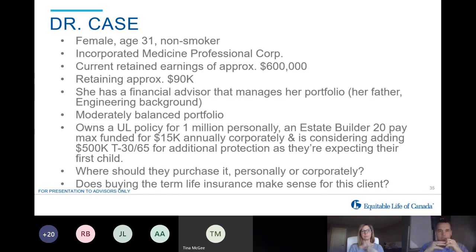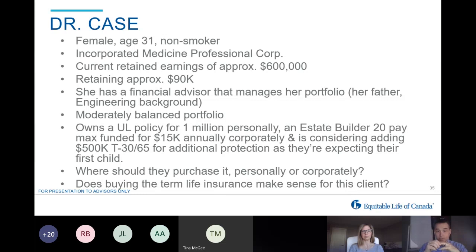She currently retained a bunch of dough. She's retaining like 90K. She's a good saver. She's probably a good saver because her father's an engineer. He also happens to be the advisor on this case. She's pretty much got a moderately balanced portfolio inside of her corporation. She owned an older UL for $1 million.